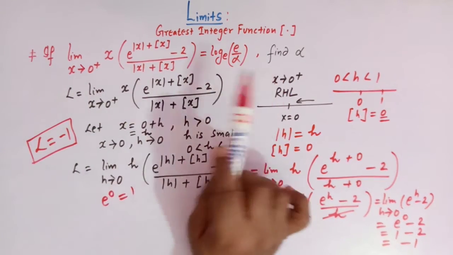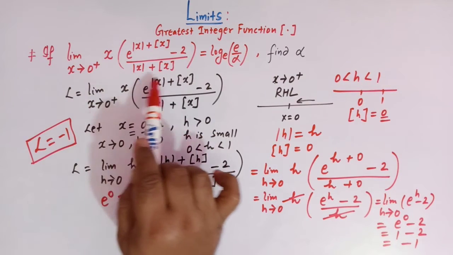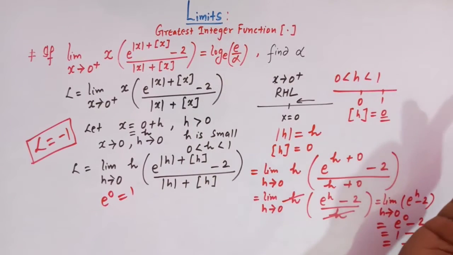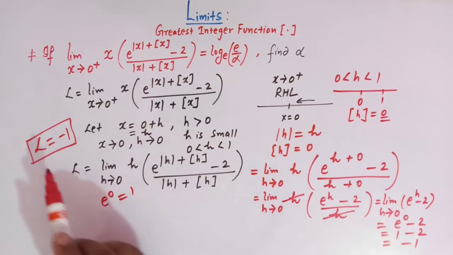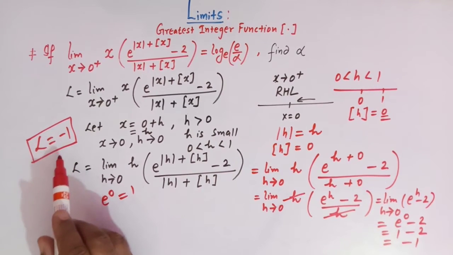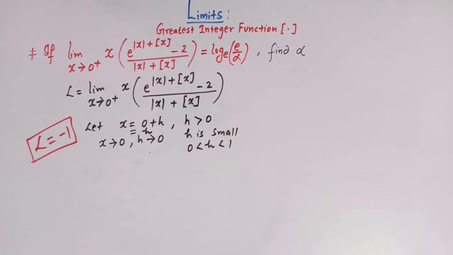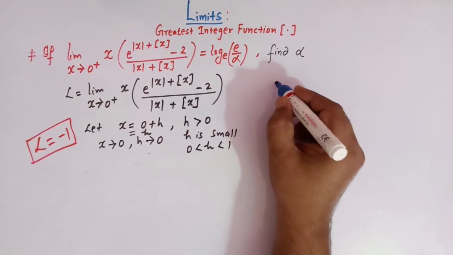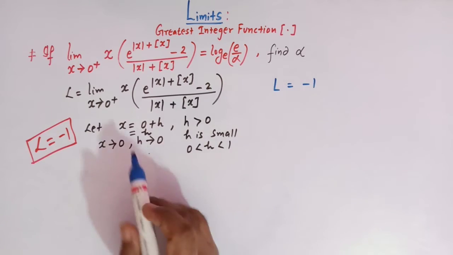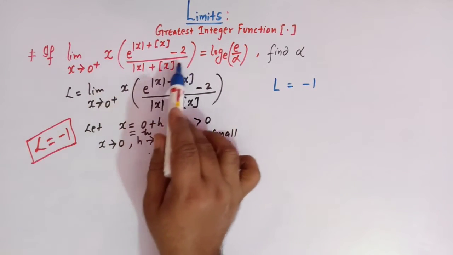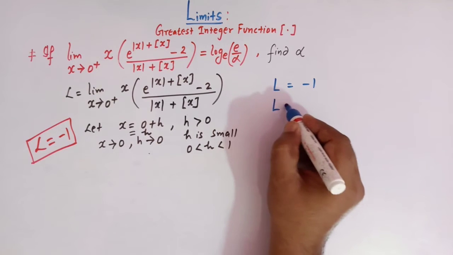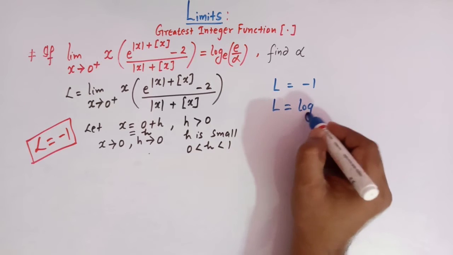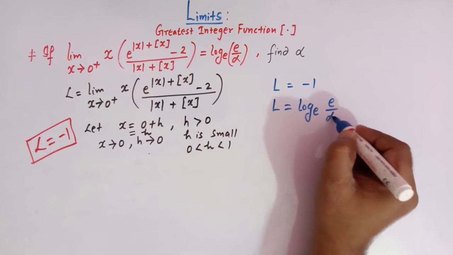So the right hand limit of this function when x approaches 0 from the right of x equal to 0 is equal to minus 1. Viewers, we have obtained the value of L as minus 1, and this limit was assumed to be L. We are also given that L is equal to log of e over alpha.